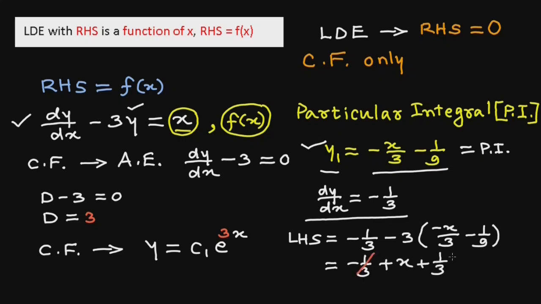Minus 1 upon 3 plus 1 upon 3 will be 0, and we get x, which is the right hand side. Since left hand side equals right hand side, this particular integral is correct.